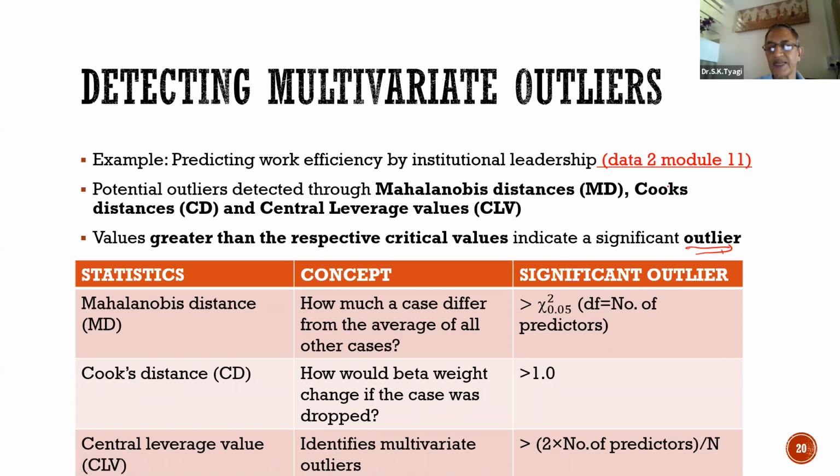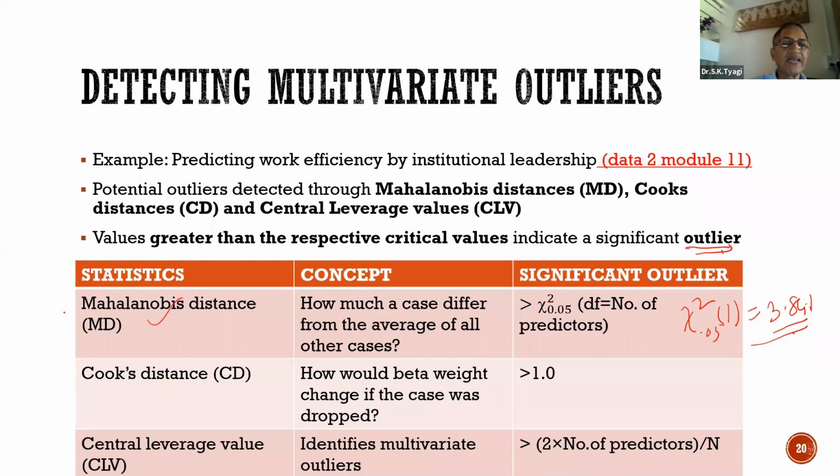In this particular case, DF is 1, so we calculate the value of chi-square at degree of freedom 1. This critical value is 3.841. If the value of MD is greater than 3.841, then that particular data is an outlier.